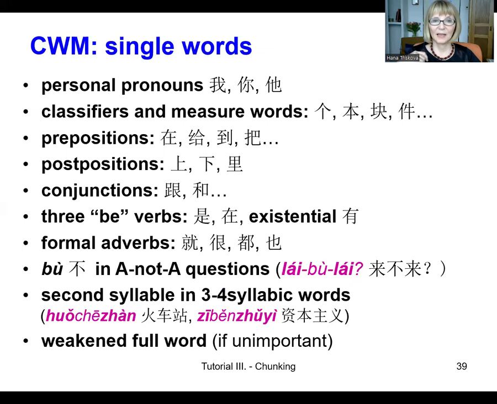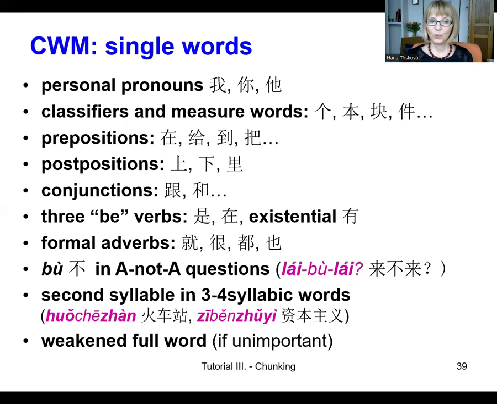Prepositions such as 在, 给, 到, or 把. Monosyllabic prepositions 上, 下, and 里. Conjunctions such as 跟, 和. Three be verbs, that is 是, 在, and 有. And then several formal adverbs 就, 很, 都, 也.